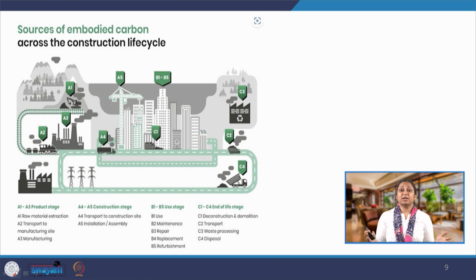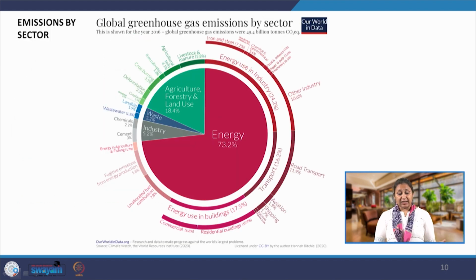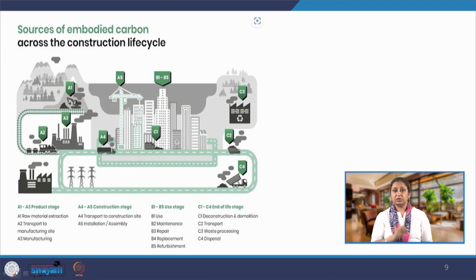Whenever we are doing carbon accounting, life cycle analysis, life cycle energy analysis, or life cycle cost analysis, this definition of life cycle becomes very critical, that is, what is my boundary.